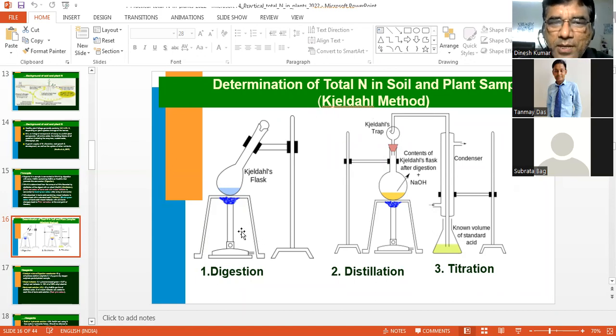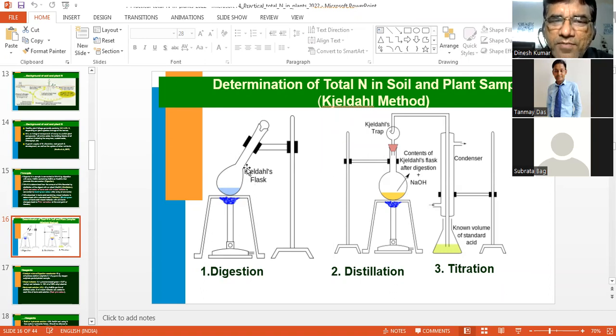Anyway, in this case, you can take a certain quantity of soil and put it in the Kjeldahl flask. It was made by Kjeldahl, and the neck is long so that when it is bumping, the liquid or materials will not come out. If the neck is short, the materials can come out when you put acid and boil it on the heater.